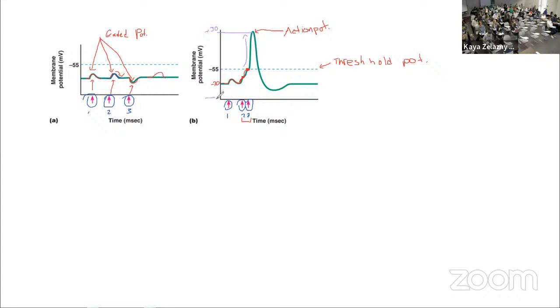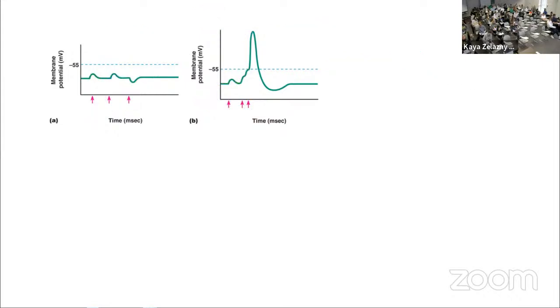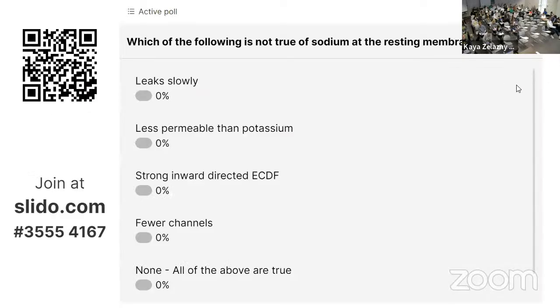Potassium is -94, and sodium is +60. We'll keep talking about these as we go through all the neuron material, but knowing those numbers is really going to help you figure out what's going on. Those are graded potentials.